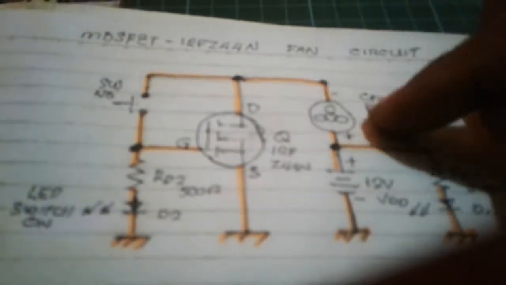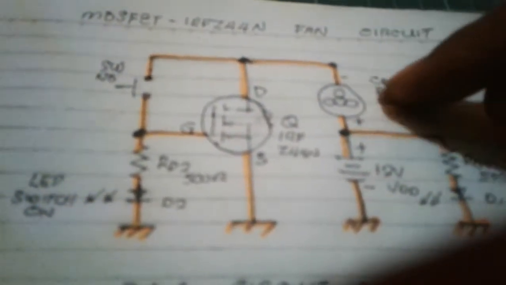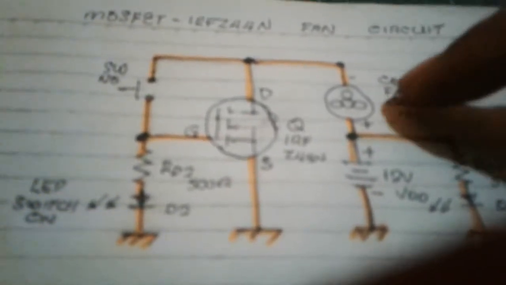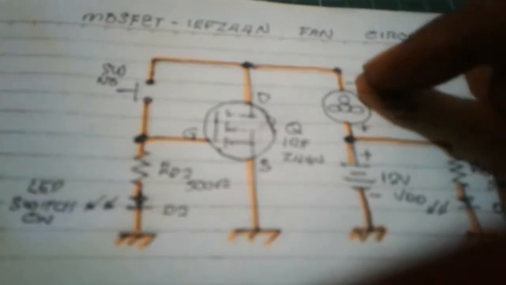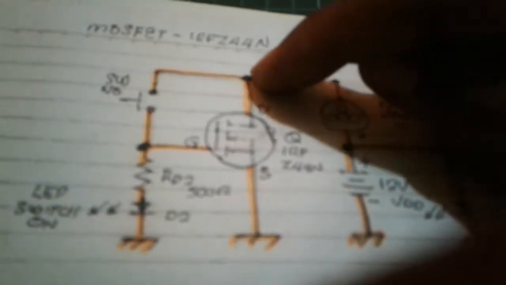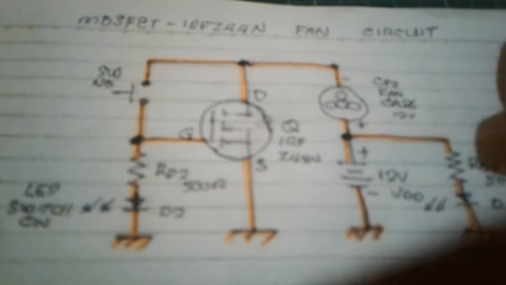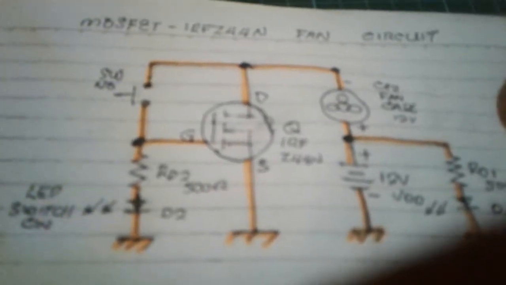I think the current rating of this fan is around 300 milliampere, and it goes here to the drain, to the source. Since this is 12 volts and the drain is capable of handling up to 55 volts here.